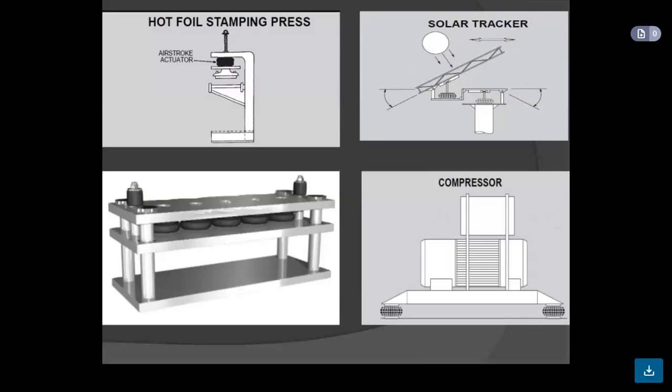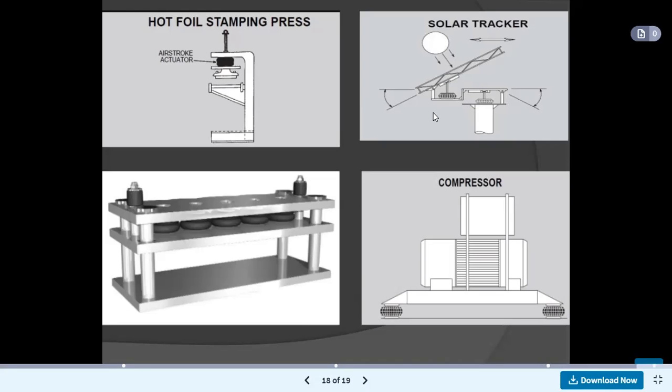Here also we use air suspension. So an air stroke actuator is provided. Then a solar tracker is also available. So at the solar tracker, at the below side, this is provided. Compressors are also provided, and this type of structure is also provided in between the two objects.